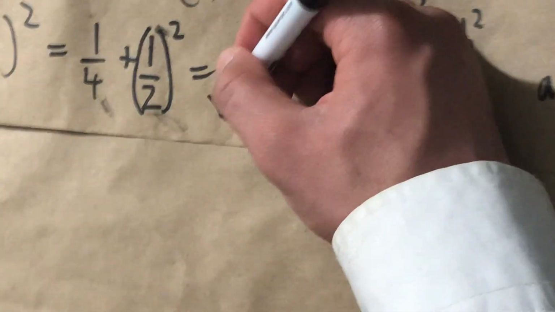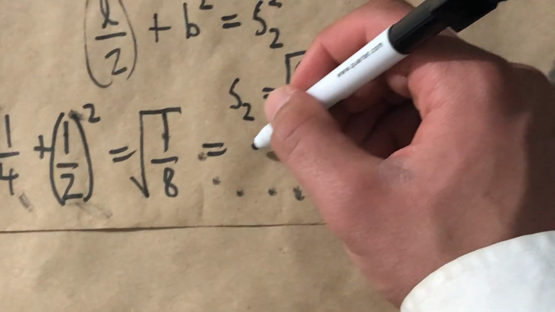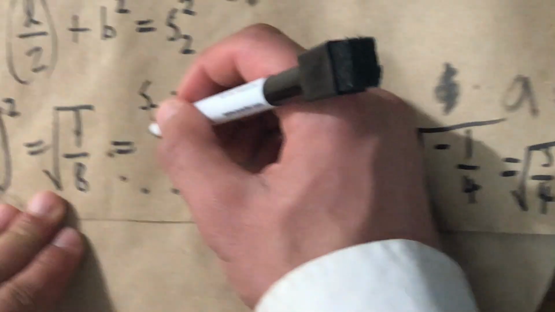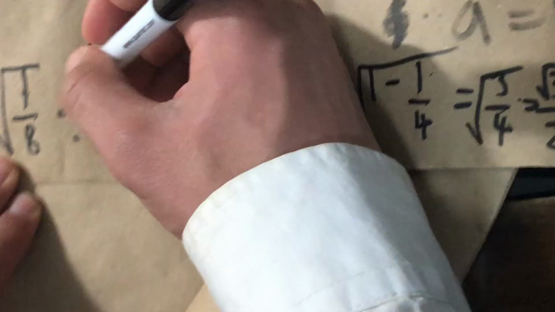And we just take the square root again, and we get something that looks like this. That should be our first edge length. And that shows how to solve the perimeter.